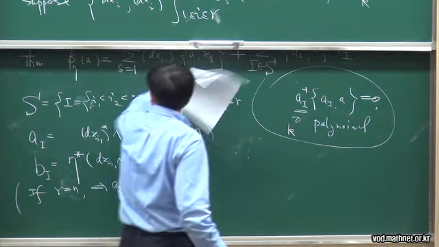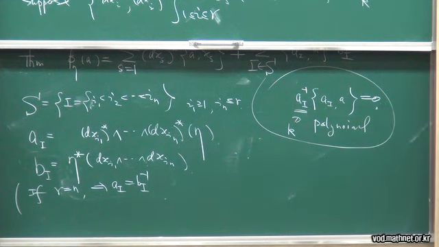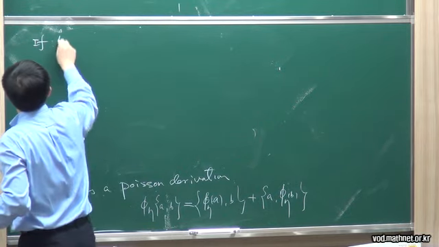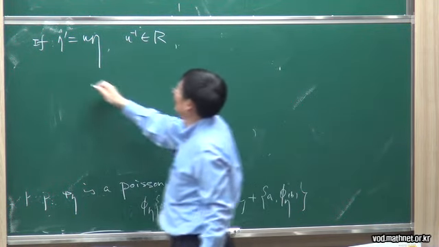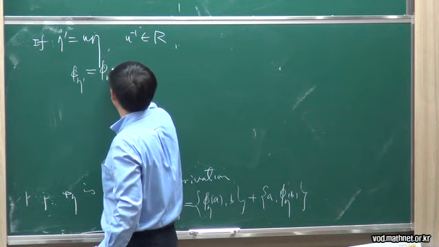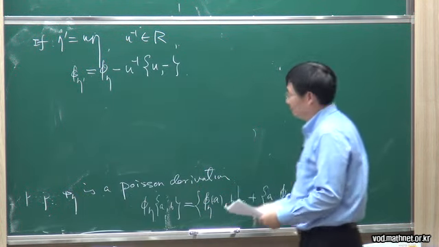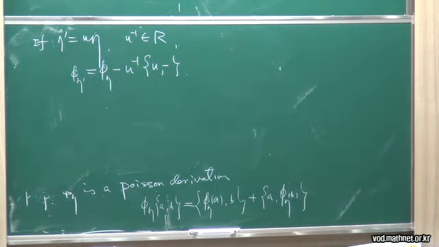And in fact, if we change the volume form here, then we can get phi is phi eta, something like this. So we should modify the definition of unimodular Poisson structure.